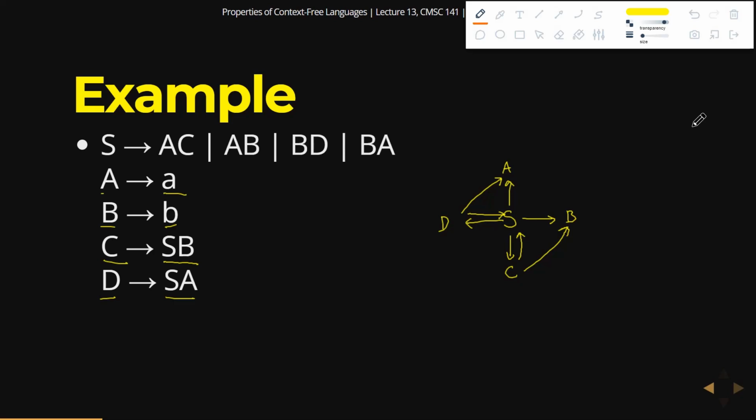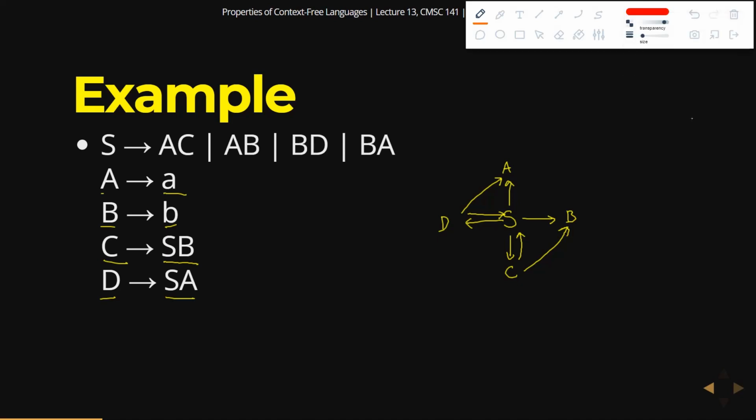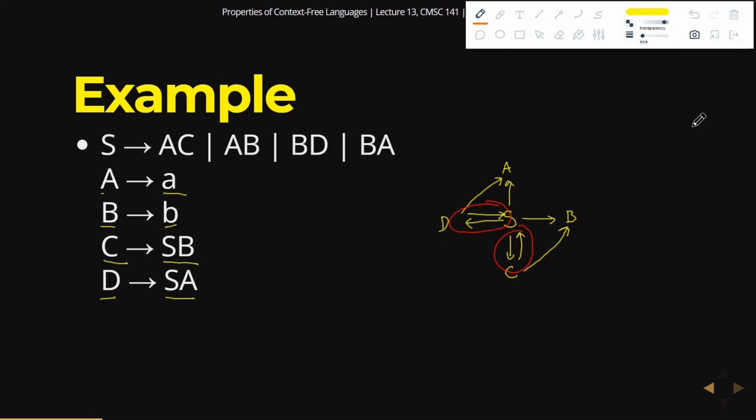Well, yes, there is, because of this one. This is the loop here, and here's another loop, right? So you can take as many cycles here as you want, and then it would make the language infinite. So this is also infinite.